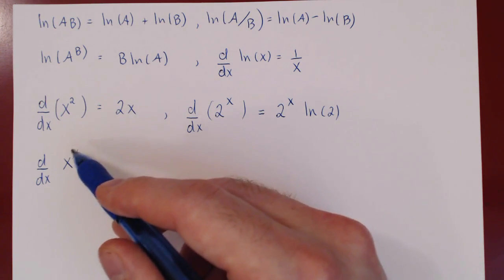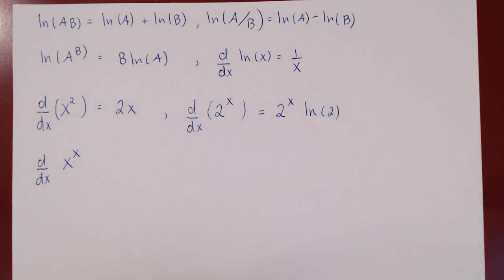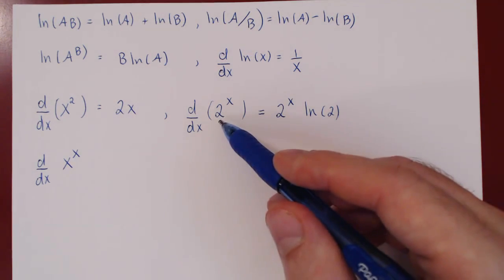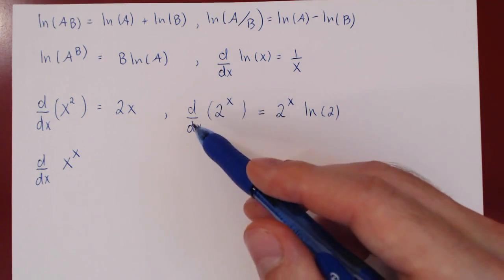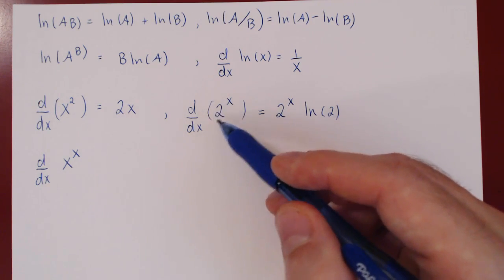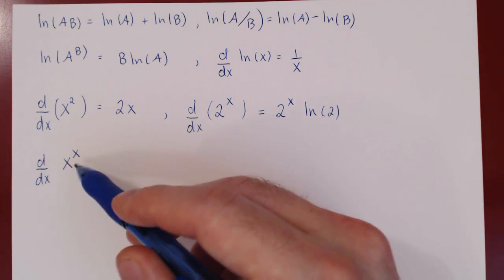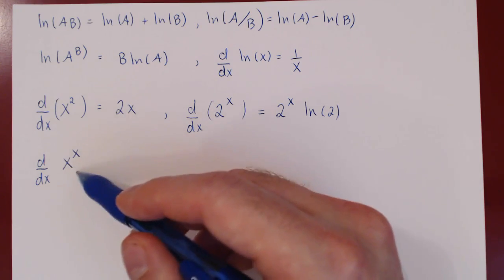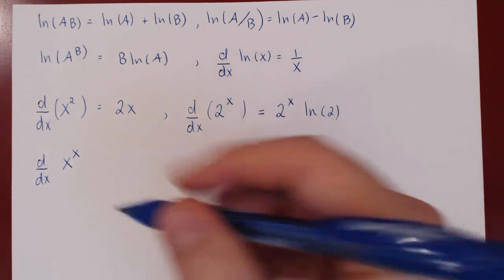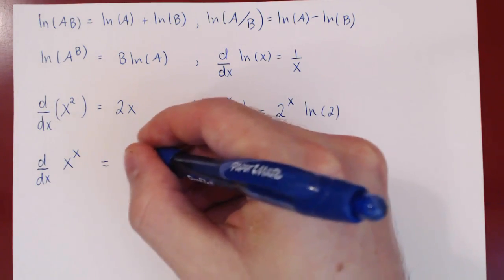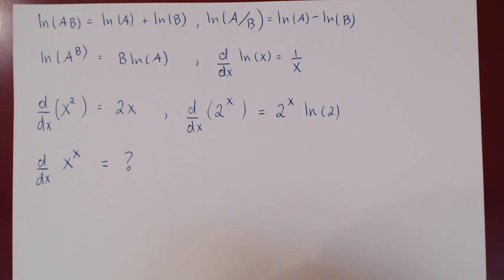The power here is a variable, so we can't use the power rule. Can we use the rule for exponential functions? The answer is no, because an exponential function has a constant base. The base here is changing. So this function is neither a power of x nor an exponential function. So at this point, we have no idea how to differentiate this function directly.